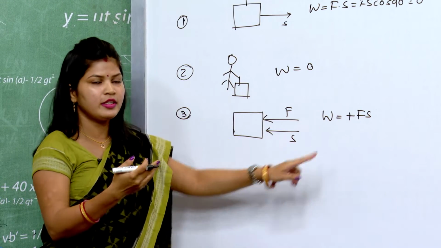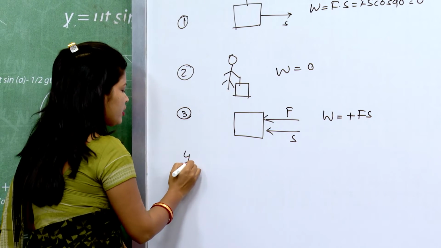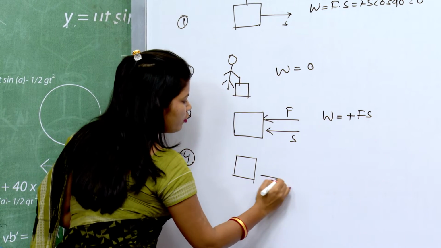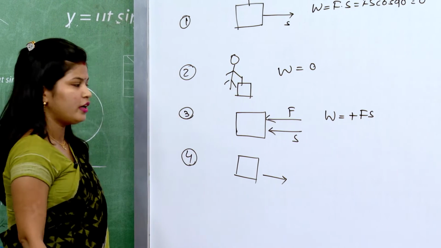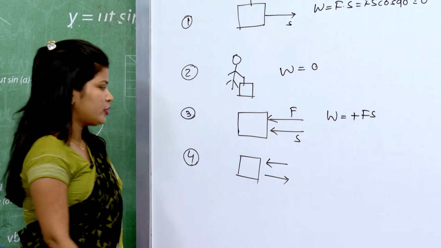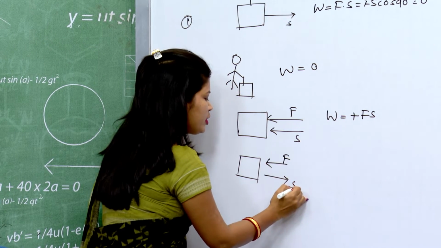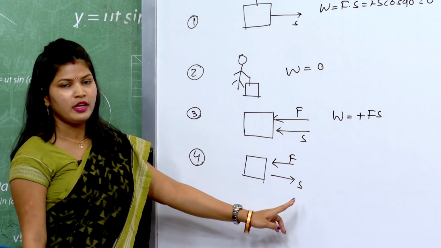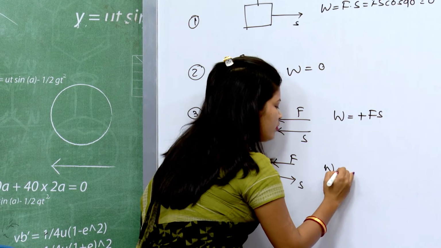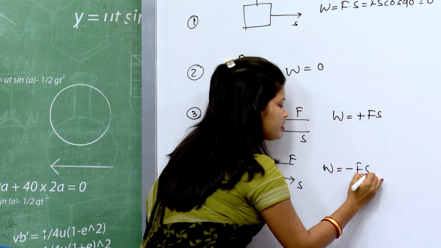So, energy is increased. In the fourth case, the block is moving forward and you stop this block. That means the force and displacement are in opposite directions and the angle between them is 180. So, W is equal to minus Fs.